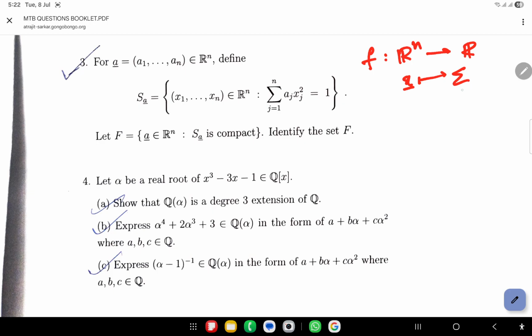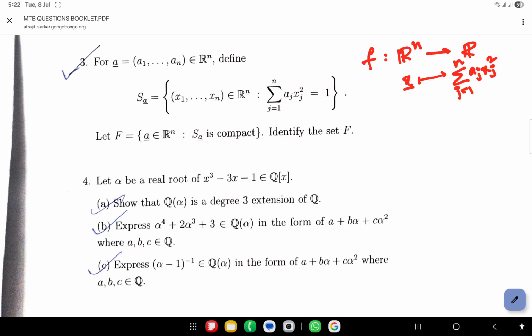Let's say, with the notation given in the question, the sum over j from 1 to n of aj xj squared. So this is our function, right? You can say this function is a polynomial function.